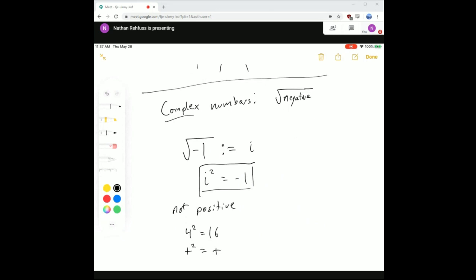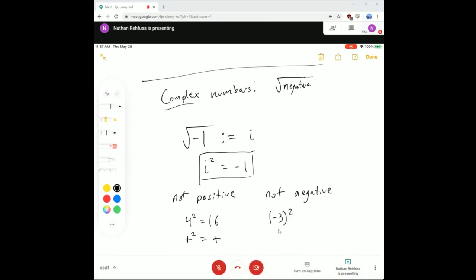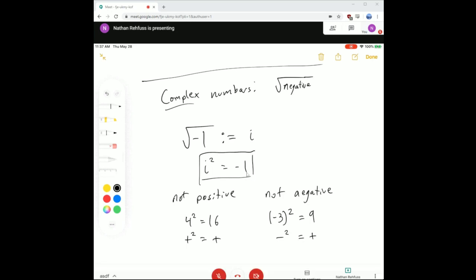And it's not going to be negative either, because if I take a negative number, like say -3, and I square that, this is -3 times -3, the minus signs cancel out, and we get a positive number. So anything negative squared is positive. Okay, so that's our first problem. These imaginary numbers, like i, they can't be positive and they can't be negative.